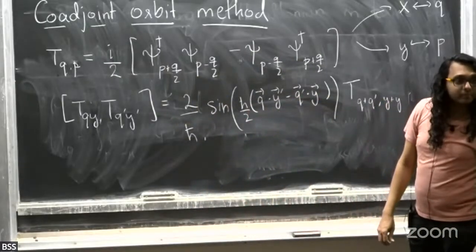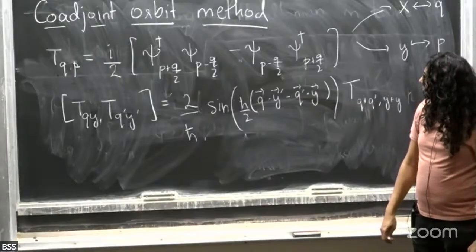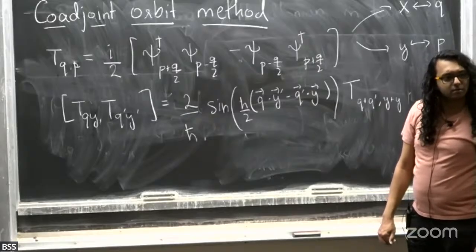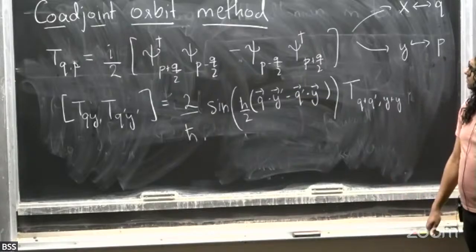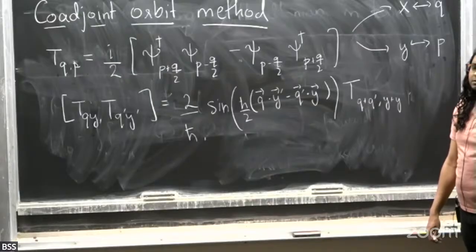If you take the dagger of that one, then you get P minus Q over Q dagger. Why is that? Just take the dagger of psi dagger of plus Q.